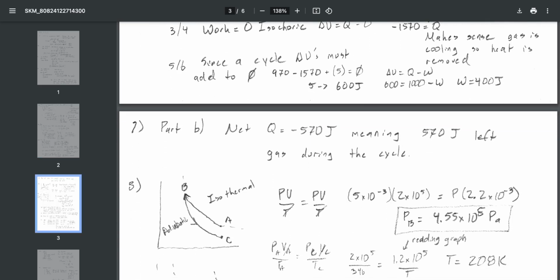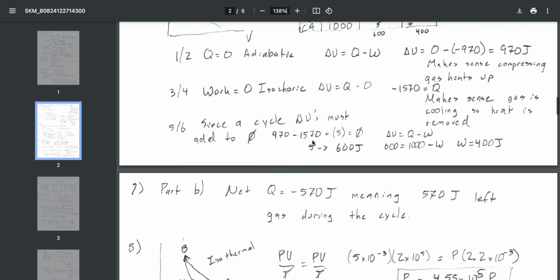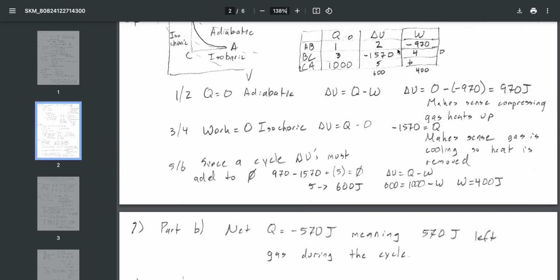Finally, for the second part, part B: determine the net energy that leaves the gas during one cycle. So you have negative 570. Wait, where's our chart? So what was 1? Oh, no. 1 is 0. 3 is negative 1570.